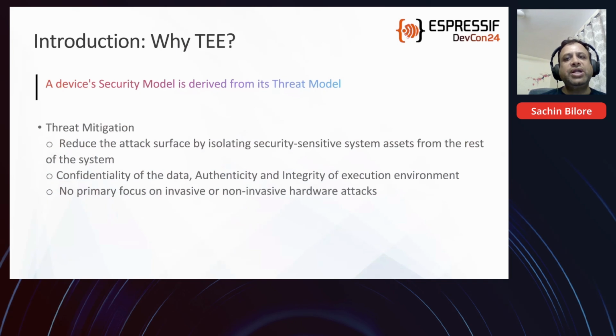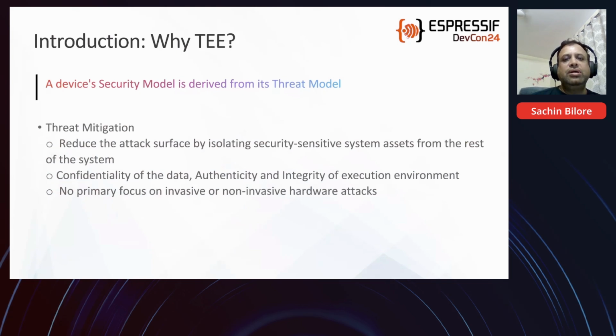So how will we protect this reduced attack surface? One of the strategies is to isolate this reduced attack surface from the rest of the system. Not only these assets, but all related resources which are involved in dealing with these assets, for example, a piece of software and hardware.